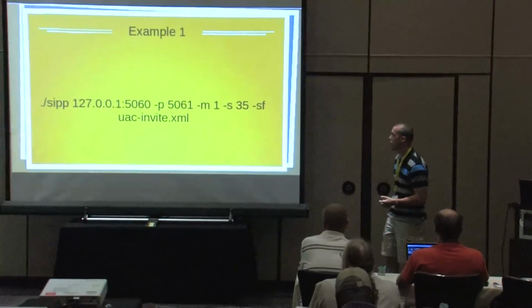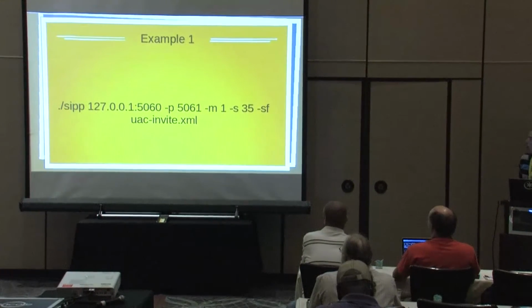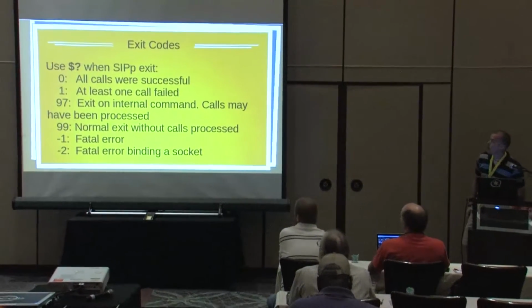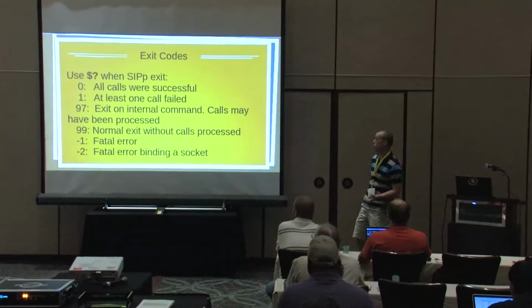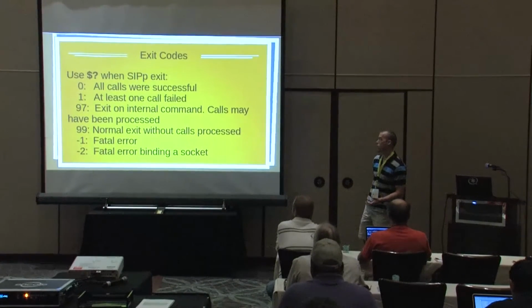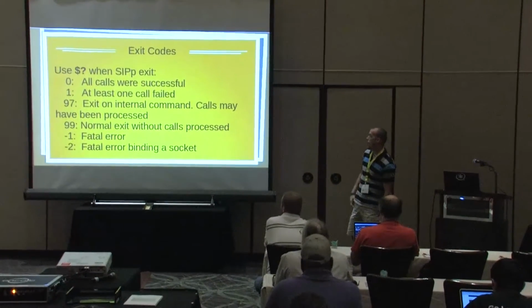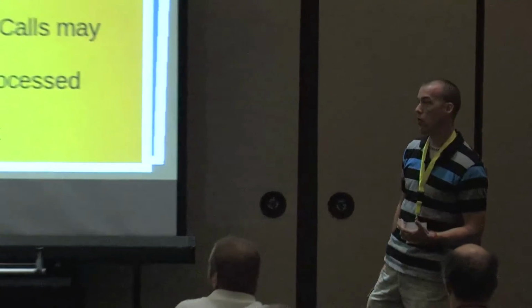So the syntax that I just covered was that. After SIPp ends, when it exits, you could use the variable $?, and that will tell you the state of your scenario. The two most important, I think, are 0 and 1.